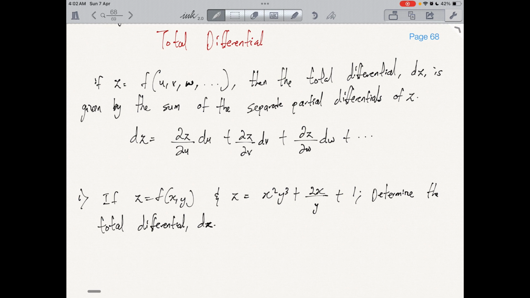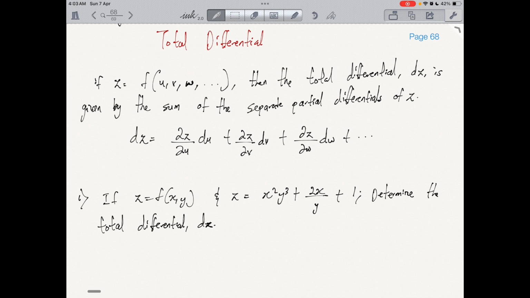So if z is the dependent variable of various independent variables ranging from u, v, w down to any number, then the total differential dz is given by the sum of the separate partial differentials of z.